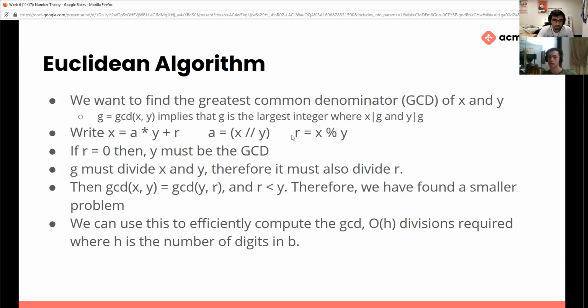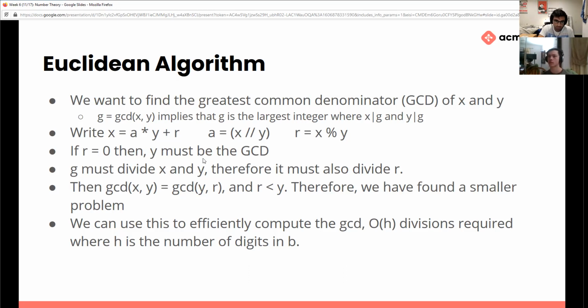So if you find that r is equal to 0, then y has to be the GCD, right? Because no larger number than y can divide y, and y also divides x. So that's clearly the greatest common denominator. And this will be the base case in this algorithm. So it's a recursive algorithm, and when you find that y divides x, that's the base case.